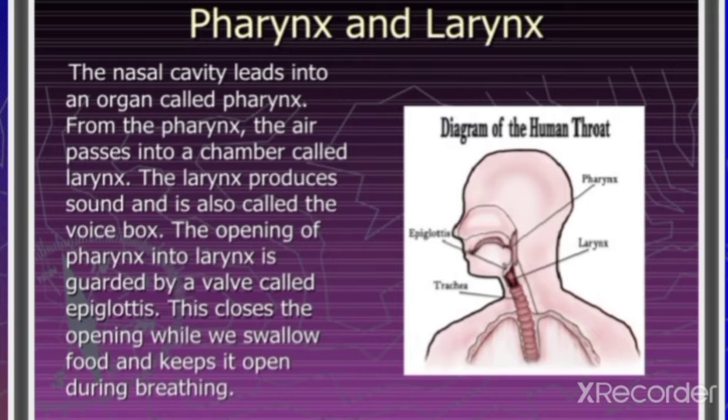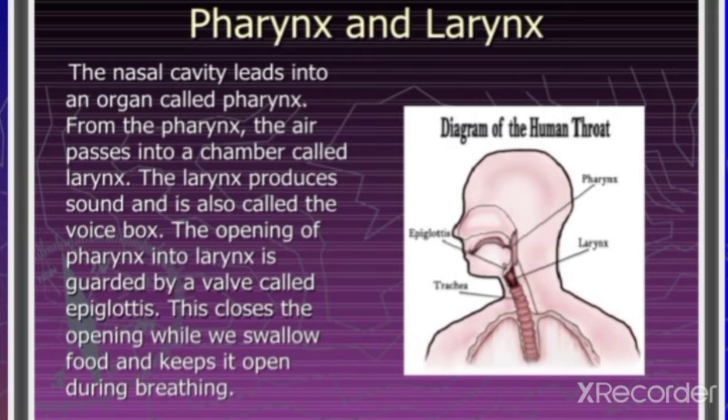This epiglottis closes the opening while we swallow food, because when the epiglottis opens the air goes inside, but when you swallow food, food would go into the air passage, which is difficult. So this valve or flap-like structure closes so that food may go into the digestive tract.